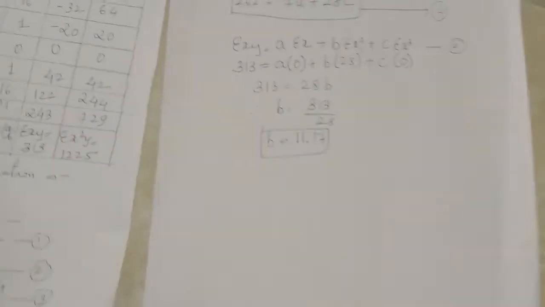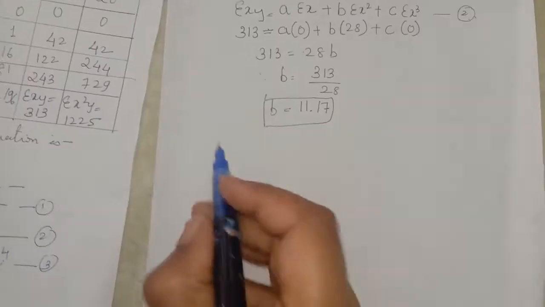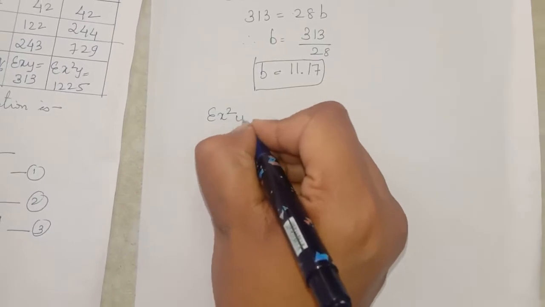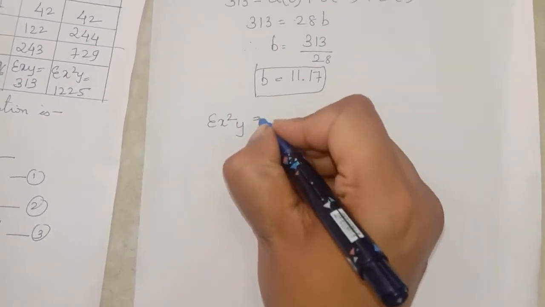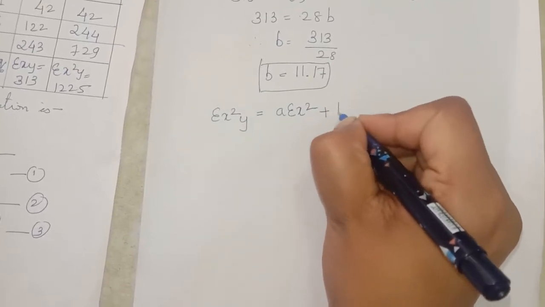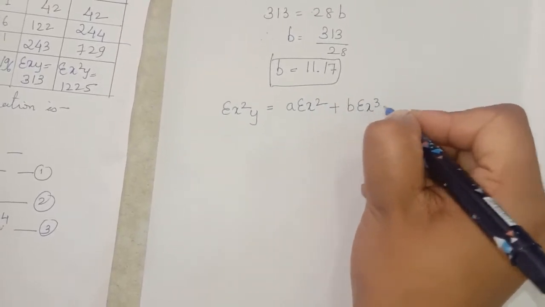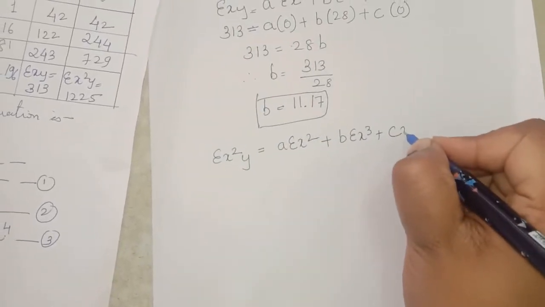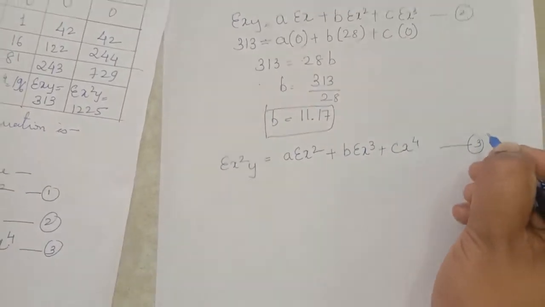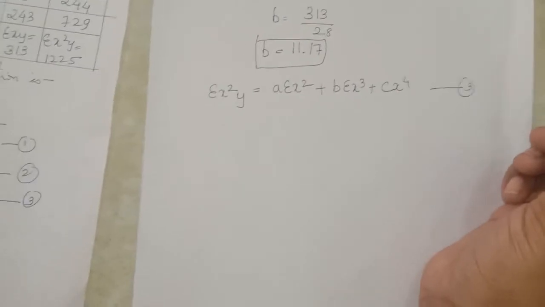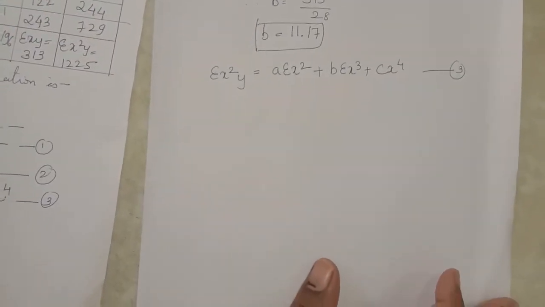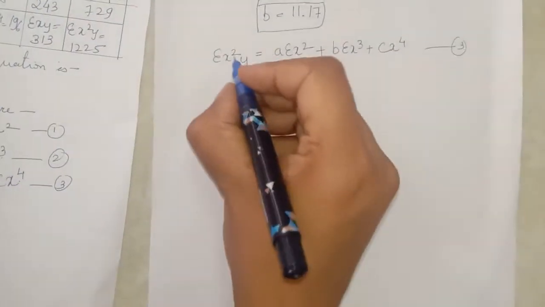Okay, now take the third equation. What is the third equation? Summation x square y is equal to a summation x square plus b summation x cube plus c summation x raised to 4. This is the third normal equation. From the third normal equation you will get the fifth equation. So fill the values.